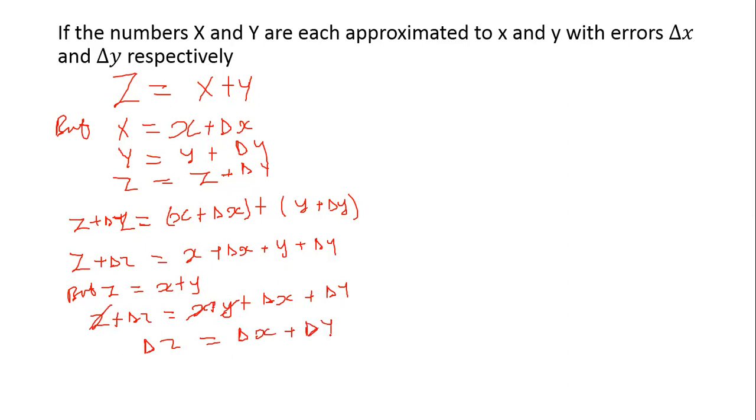So when we get here, we are going to apply the triangular inequality, that error in Z is less than or equal to the magnitude of error in X plus the magnitude of error in Y. So we can conclude by saying that the error in Z is equal to error in X plus the error in Y. So the reason why we are giving them magnitudes is because at times some of these errors may be negative.